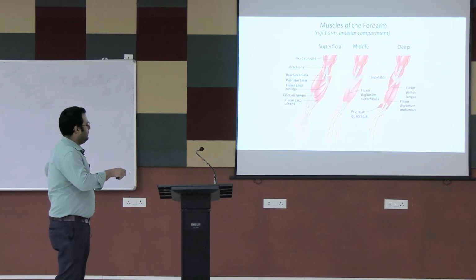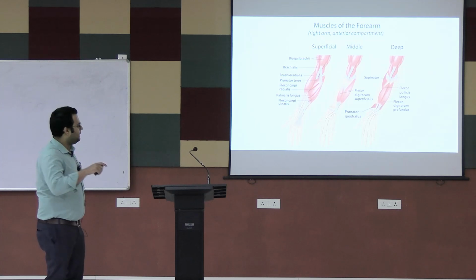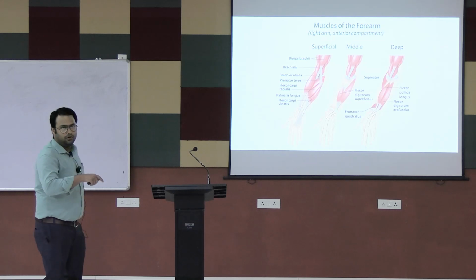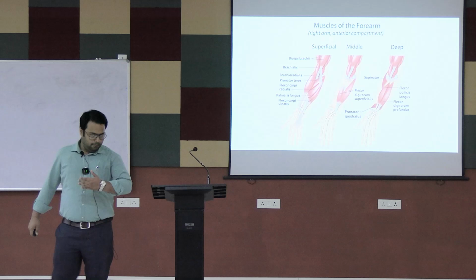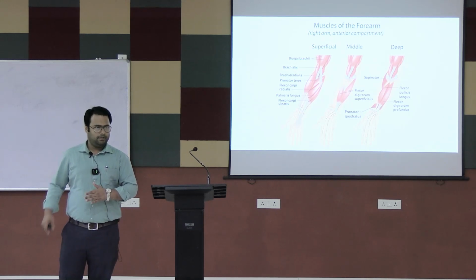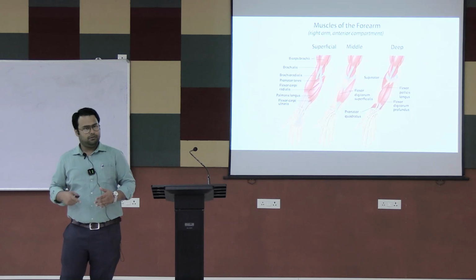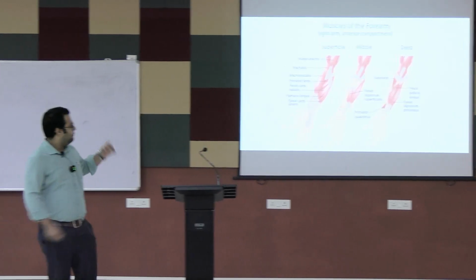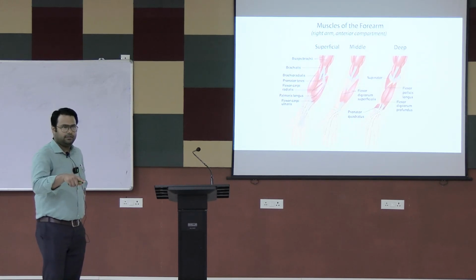Suppose the fracture is in this mid part. So in that case, this is also working to some extent, and even this pronator teres is also working. So those two muscles are combining and putting the proximal fragment in a mid-prone position. So to neutralize those forces, we need to put the plaster in a mid-prone position as well, so that the effects of these two muscles can be neutralized.